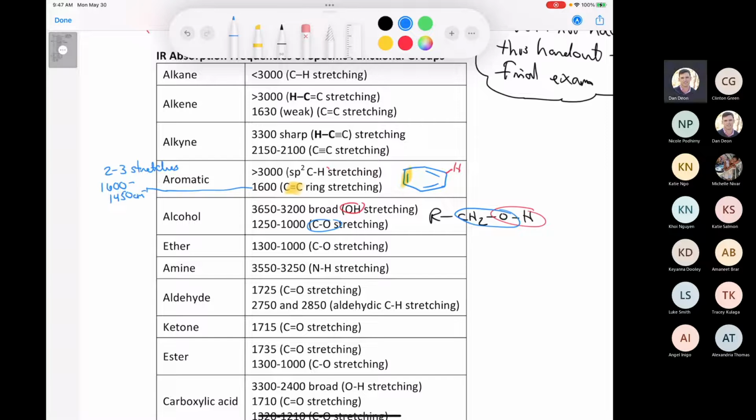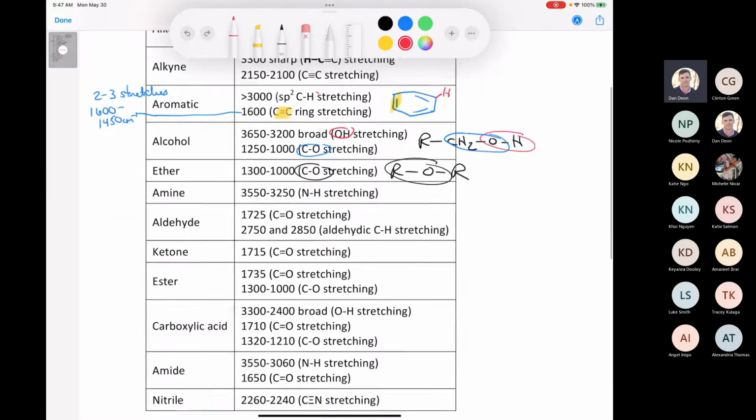If we have an ether, well, in an ether, we have a carbon, an oxygen, and another carbon. And so we see the carbon-oxygen stretching around 1,300 to 1,000. The amine, we already went over the primary amine and the secondary amine, and they have stretching around 3,550 to 3,250.